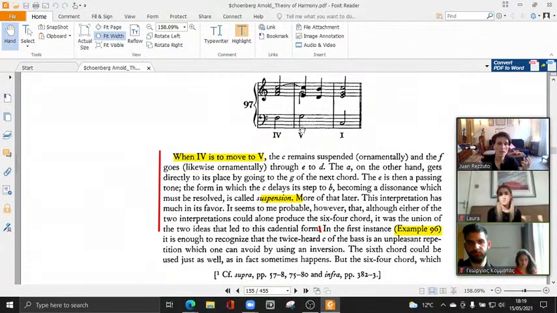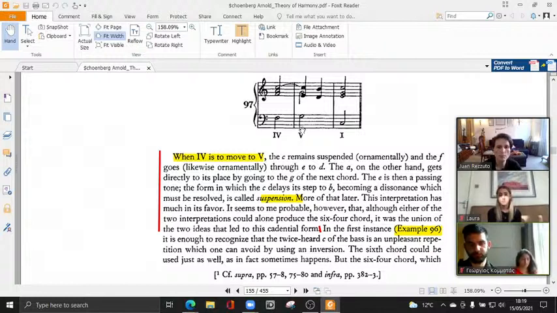That's why we pay so much attention to counterpoint of 2 voices, because when you add more voices, counterpoint is harmony. So, suspension, more of that later. This interpretation has much in its favor.